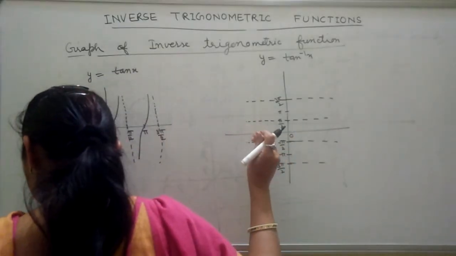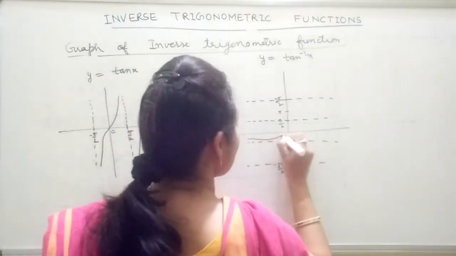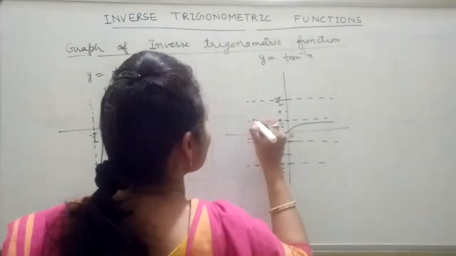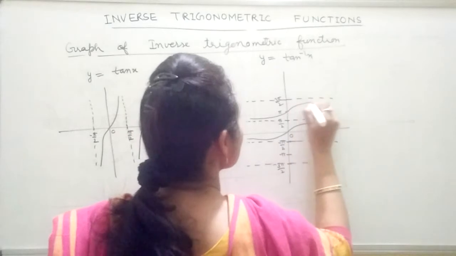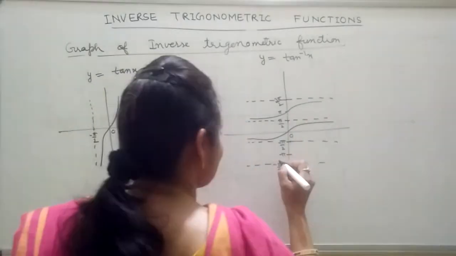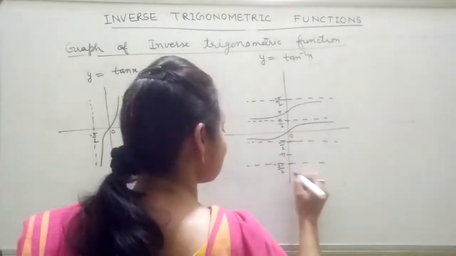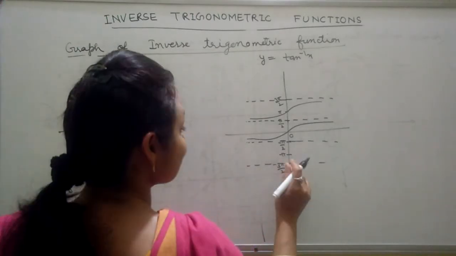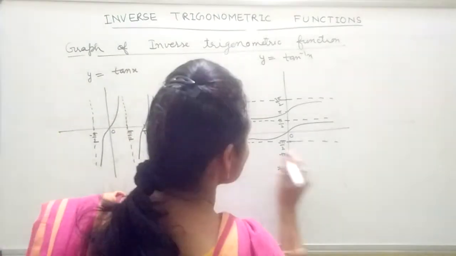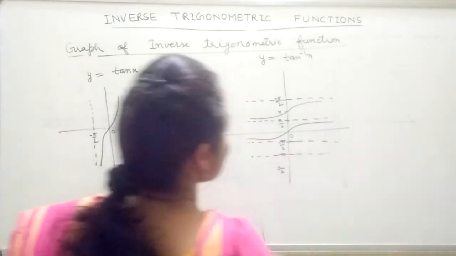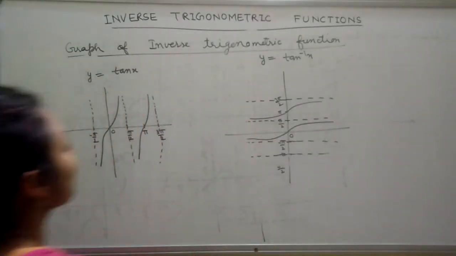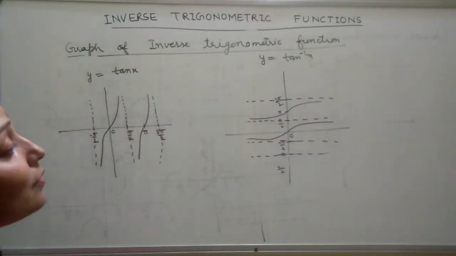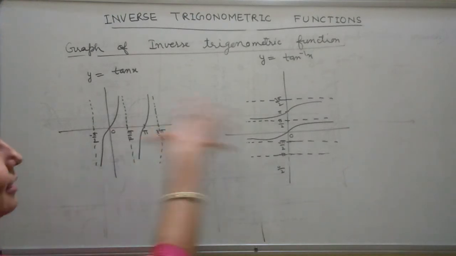Similarly we have 3 pi by 2, negative; no need to draw the diagram. So this is the way to make the graph. This is the inverse function of tan. Similarly you can make the other two diagrams.